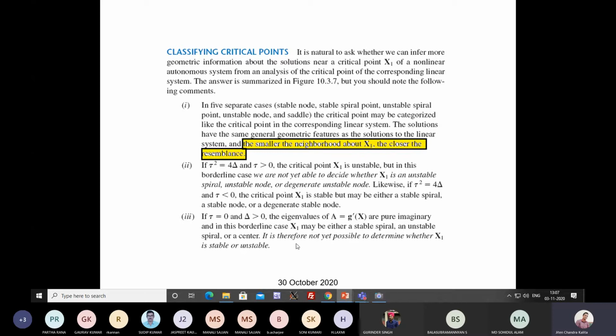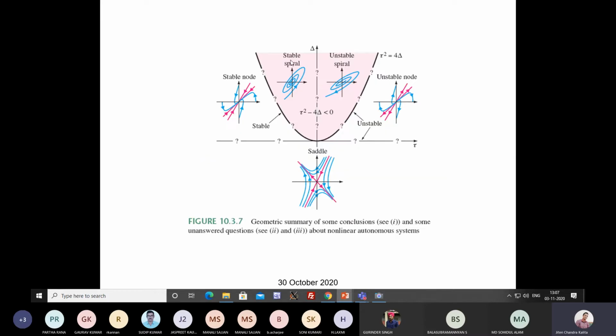So it is not yet possible to determine whether x1 is stable or unstable. As I have told you, this line is a doubtful case. This curve is tau square equal to 4 delta, this parabola.